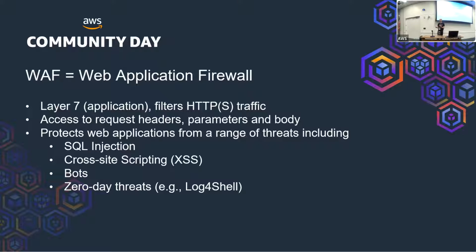So this is filtering your HTTP and HTTPS traffic. It's not dealing with random TCP traffic. It's got access to things like your request headers, your request body, and your parameters. Because it's got access to those, you can do more complicated logic about how you filter these requests. So you can protect against certain types of attacks that a more traditional firewall can't, things like SQL injection and cross-site scripting.